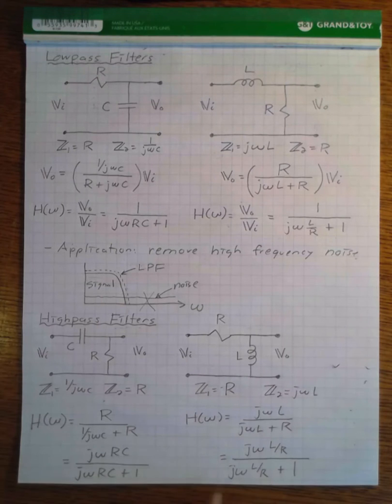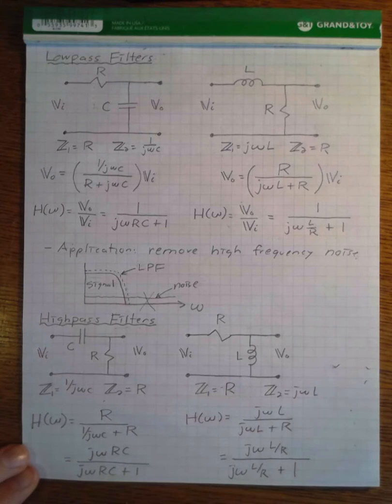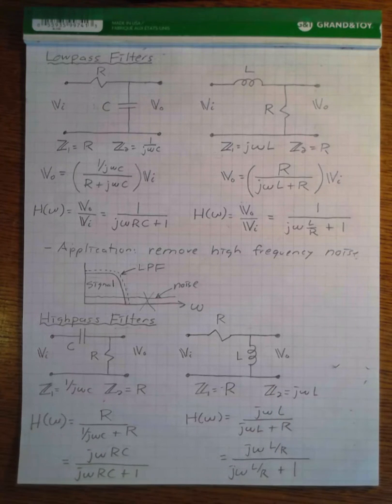Same form as the RC, just the components are different. And again, the cutoff frequency of these filters are determined by the RC product in the case of the left-hand filter and the ratio of L over R in the case of the right-hand filter. And we'll talk more about that in the next module.